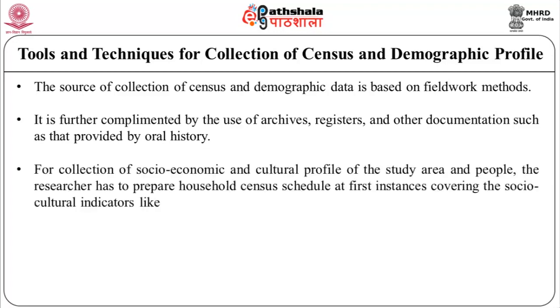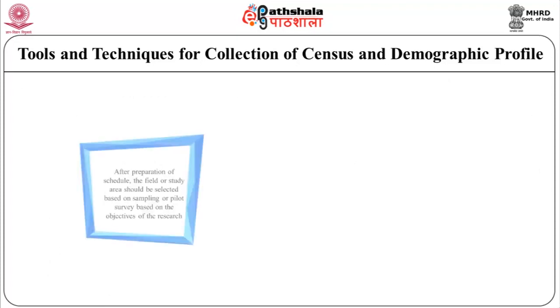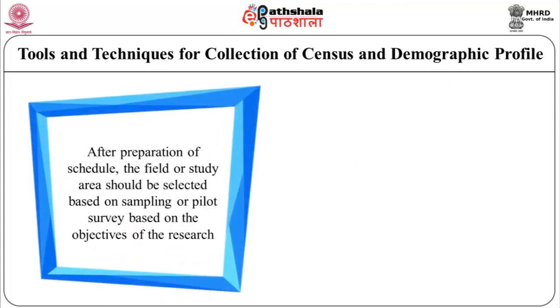For collection of socio-economic and cultural profile of the study area and the people, the researcher has to prepare a household census schedule at first instance, covering the socio-cultural indicators like name, age, sex, marital status, education, religion, caste or tribe, clan or lineage, occupation, etc. Now, after preparation of the schedule, the field or study area should be selected based on the sampling or pilot survey, based on the objectives of the research.